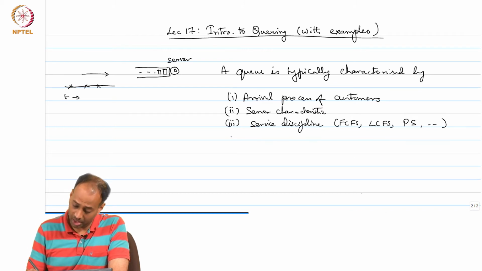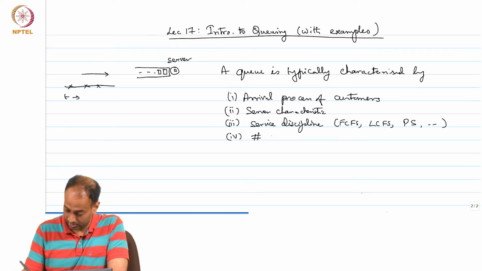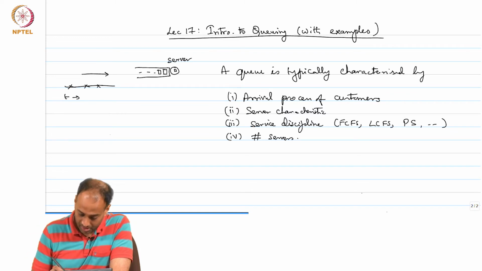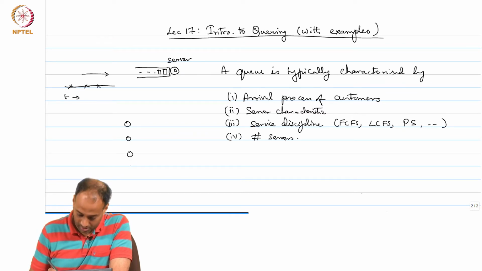What else matters? The number of servers could also matter. So, for example, there may be multiple ticketing counters, and you could just be queuing up here.